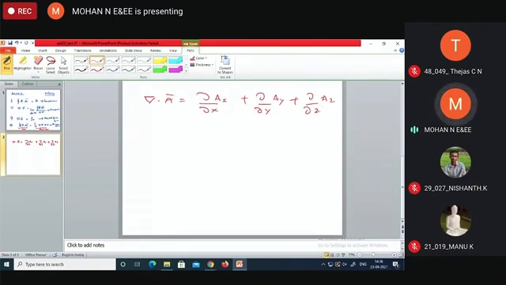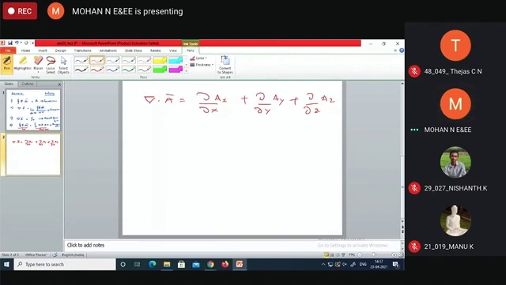If you know the A vector, you can find the divergence of that vector using this relationship. You have to know the components of A in the x, y, and z directions. Generally any vector will have components in x, y, and z, so you can find the divergence of any vector.